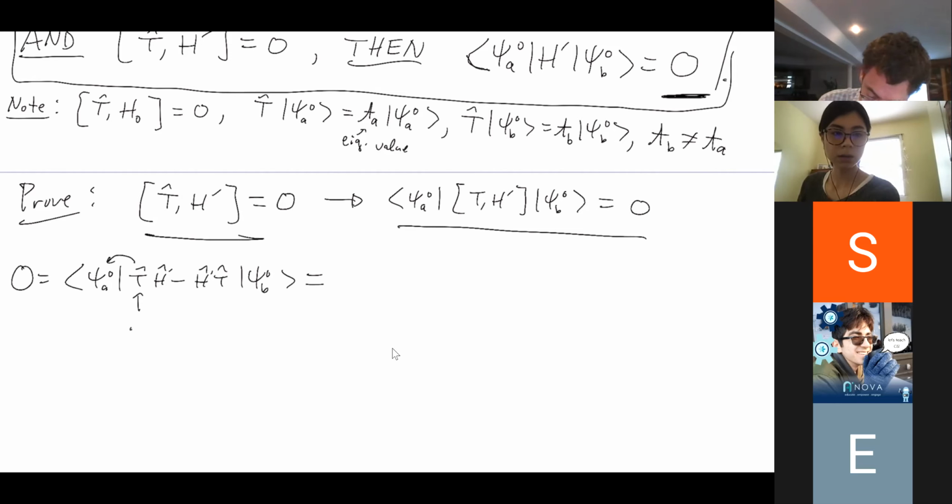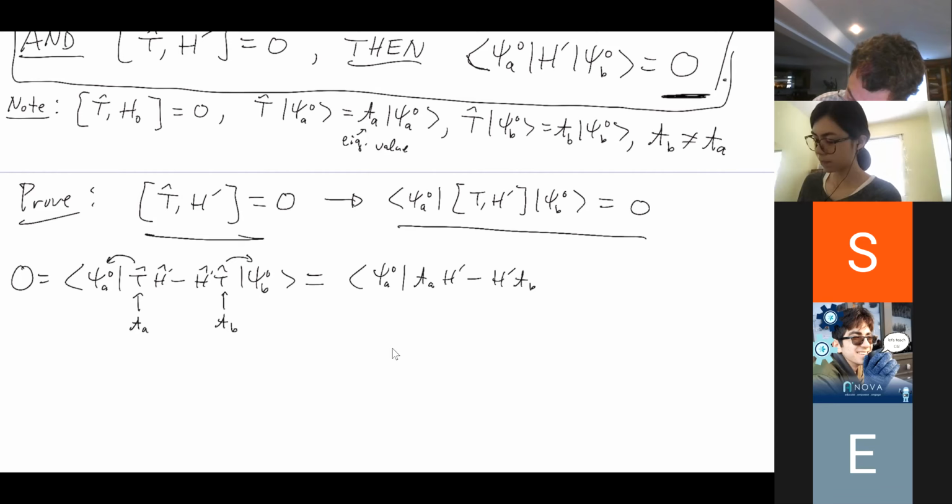Exactly. But now here it's hitting the state on the right. What does it give you? TB. Yes. And so this thing is equal to psi A naught, TA H prime minus H prime TB, psi B naught.